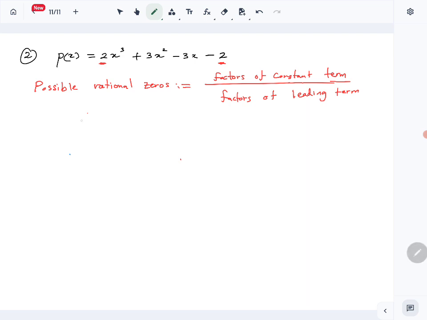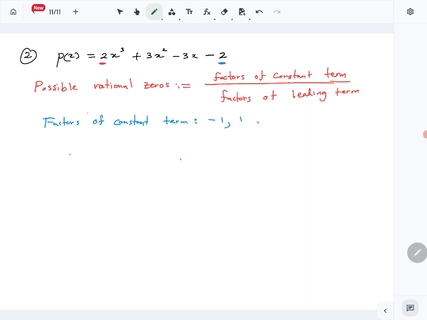So first let's figure out the factors of the constant term. The constant term is minus 2, no? So what are the factors?